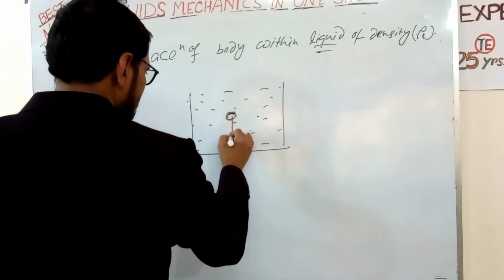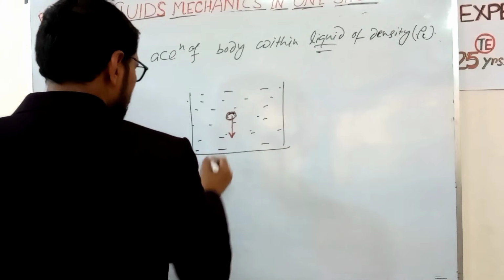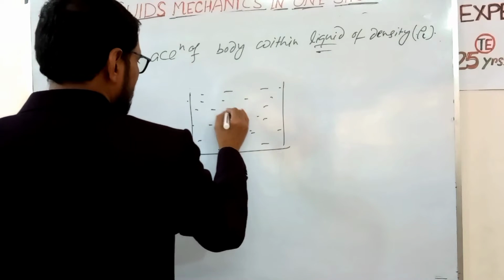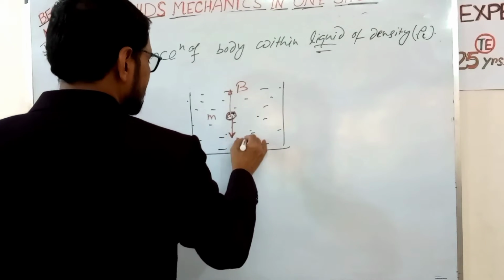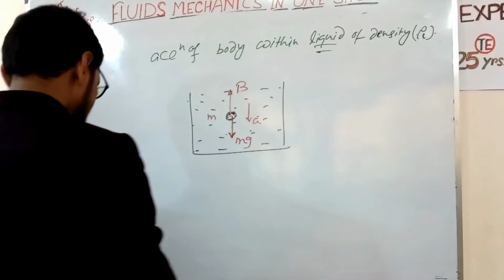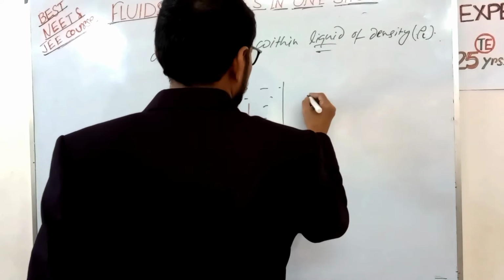With what acceleration does it move? If the mass of the body is m, then buoyancy force acts in this direction and weight acts in this direction. So if the acceleration is a, what is the equation?